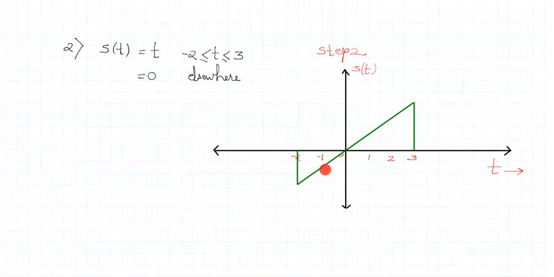Now at 0, when t takes a value 0, s(t) is t, so s(t) becomes 0. At 0, the signal has a magnitude 0. At 1, when t takes a value 1, s(t) becomes 1. At 2, it is 2. At 3, it is 3. So I have marked all the points. You can even see here.